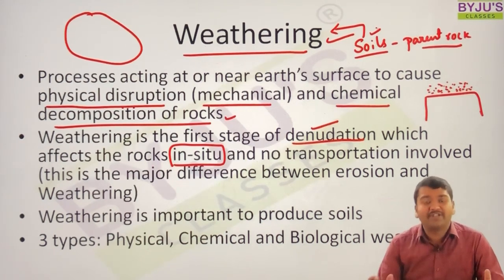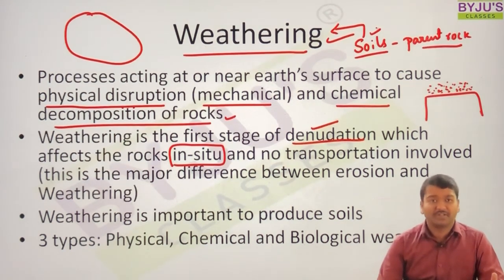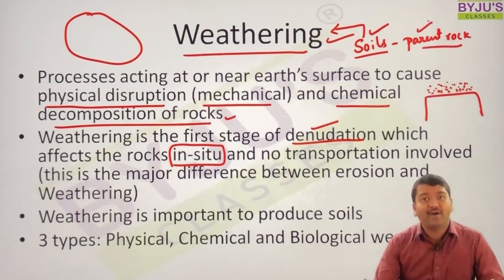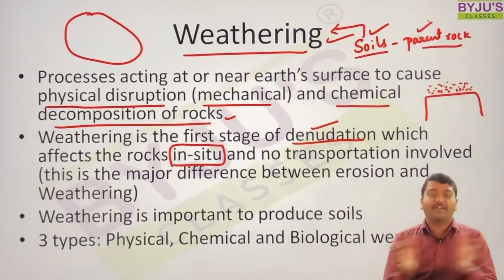If transportation of the soils is there, then it is different. As weathering does not have transportation, the soil and the parent rock's properties are one and the same.